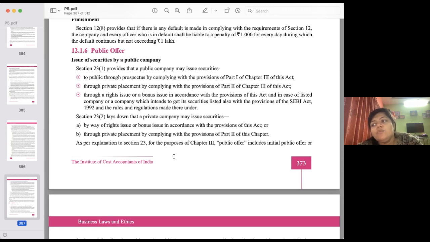Unless you know that, it will be very difficult to ensure that you are not making an investment in a wrongful place. So this amount of money needs to be paid for these purposes.